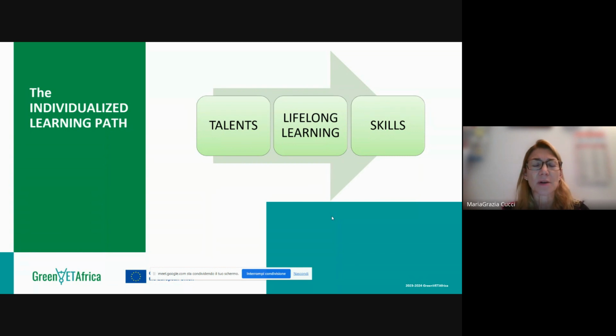So the passage from the talents, something which is like a small diamond inside the student, and something that thanks to the online learning can become a real skill that can be used by the young person, the adult person, as a skill in his work, of course, in his life, in his relationships.